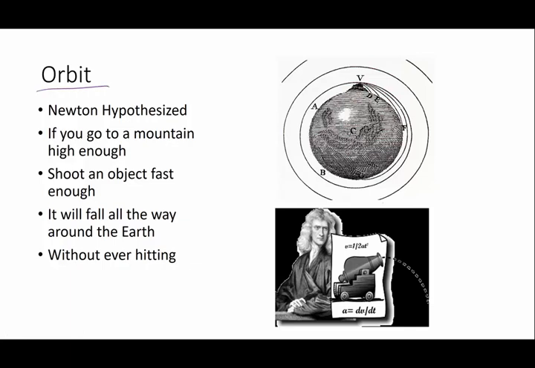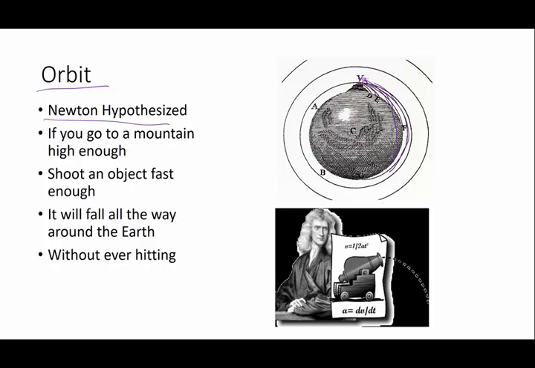Sir Isaac Newton, back in the 1700s, made a wild and crazy hypothesis. He said, if you could go to a mountain high enough and you had a cannon that could throw something fast enough, this is what would occur. You throw it with a little speed, it would go like that. More speed, go like that. More speed, go like that.